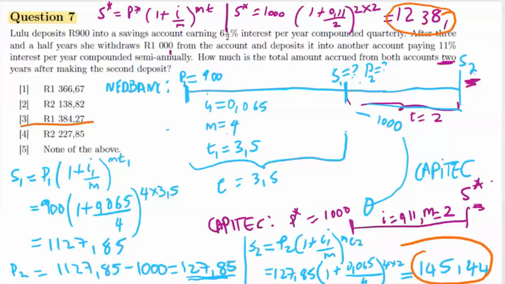I don't know how much she would have got, but the chances are, because the amount that she took out of Nedbank, it was 1,000, which made the Nedbank amount little. So now what we would have to do is check how much she would have got in Nedbank had she not taken 1,000.